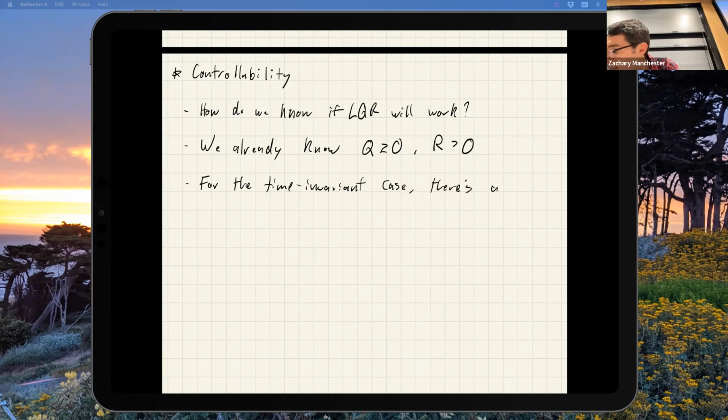And I'm actually curious how it was done. So here's the way I do it. For any initial state x naught, I can write xn as a function of x naught and then all the u's up to that time. So we'll do that real quick.